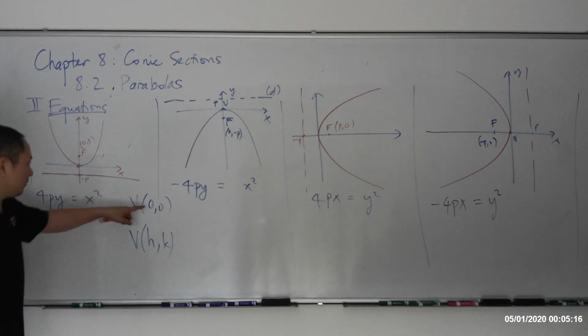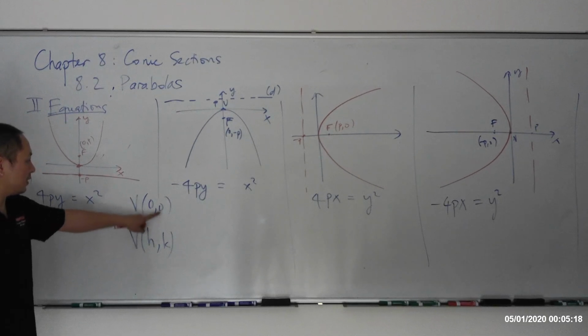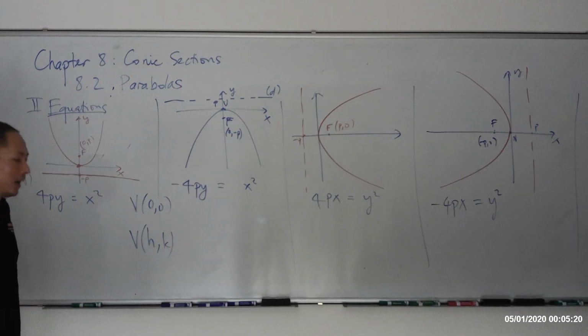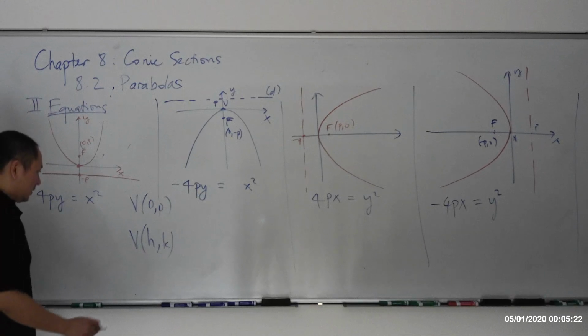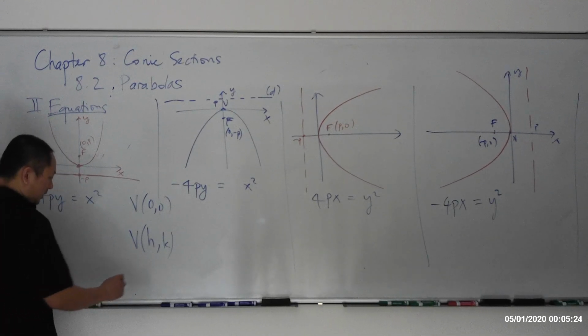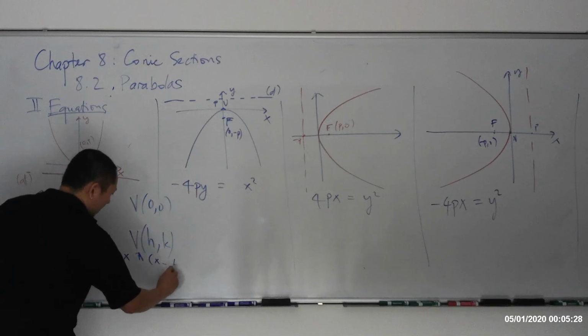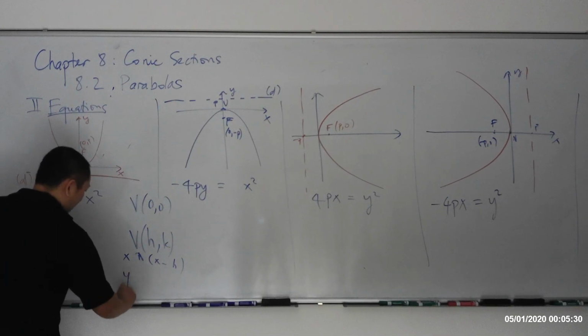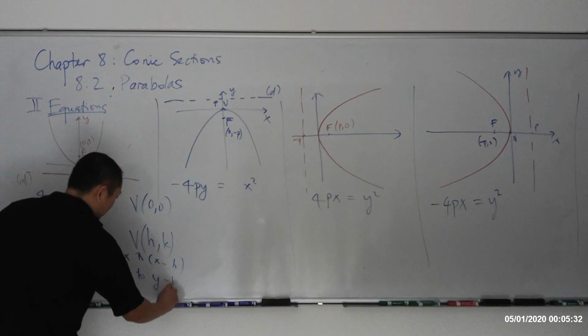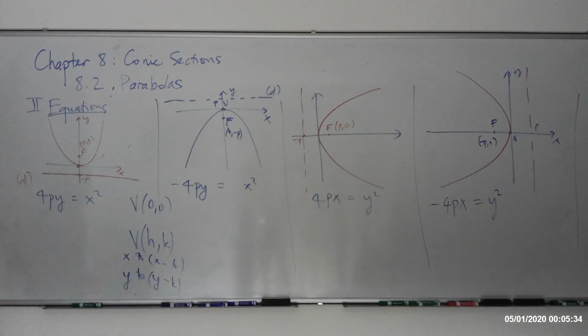So we shift from 0 to h for the x coordinate, and from 0 to k for the y coordinate. What do we need to change to shift the vertex? We change x to x minus h. We change y to y minus k. Then the vertex is going to be shifted.